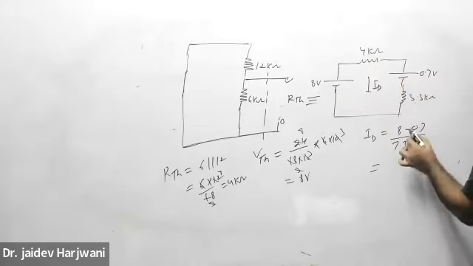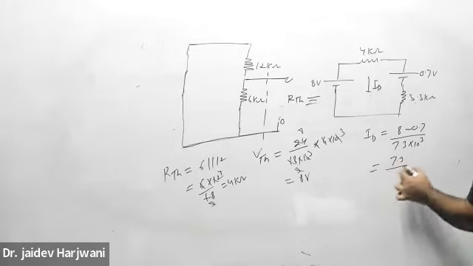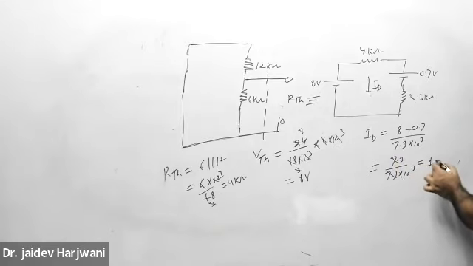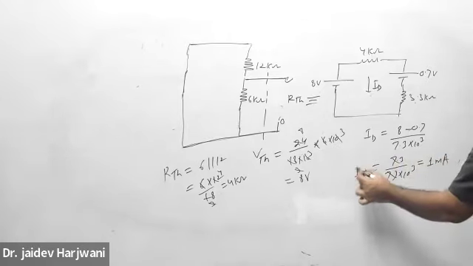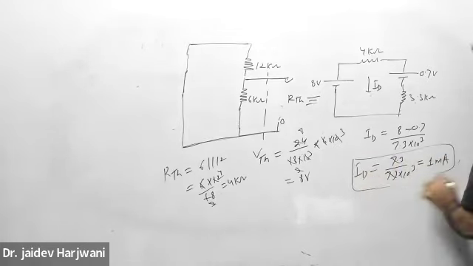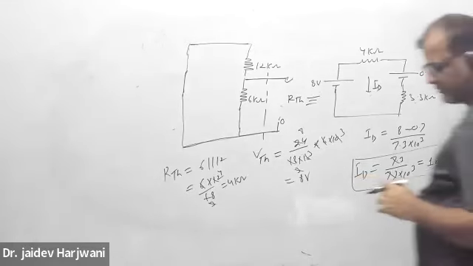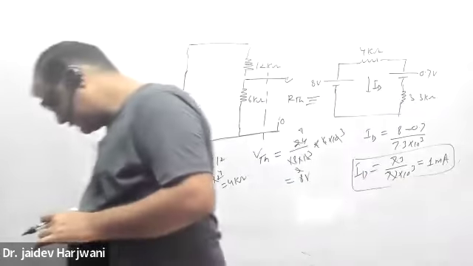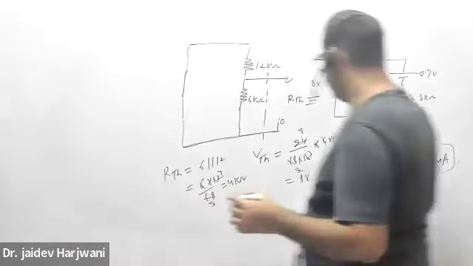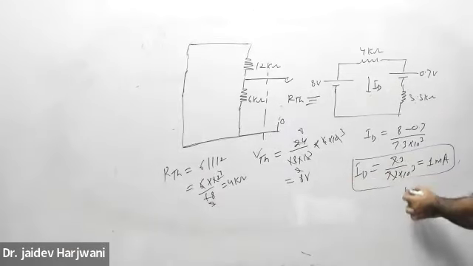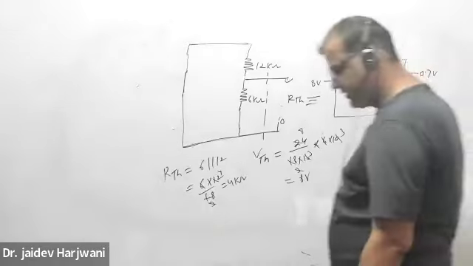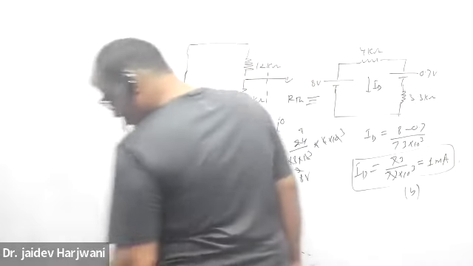So 8 minus 0.7 is 7.3, and 7.3 kilo ohm cancels out, this will become 1 milliampere. ID will be 1 milliampere. And this is given as option B. And this problem came in GATE 2012.